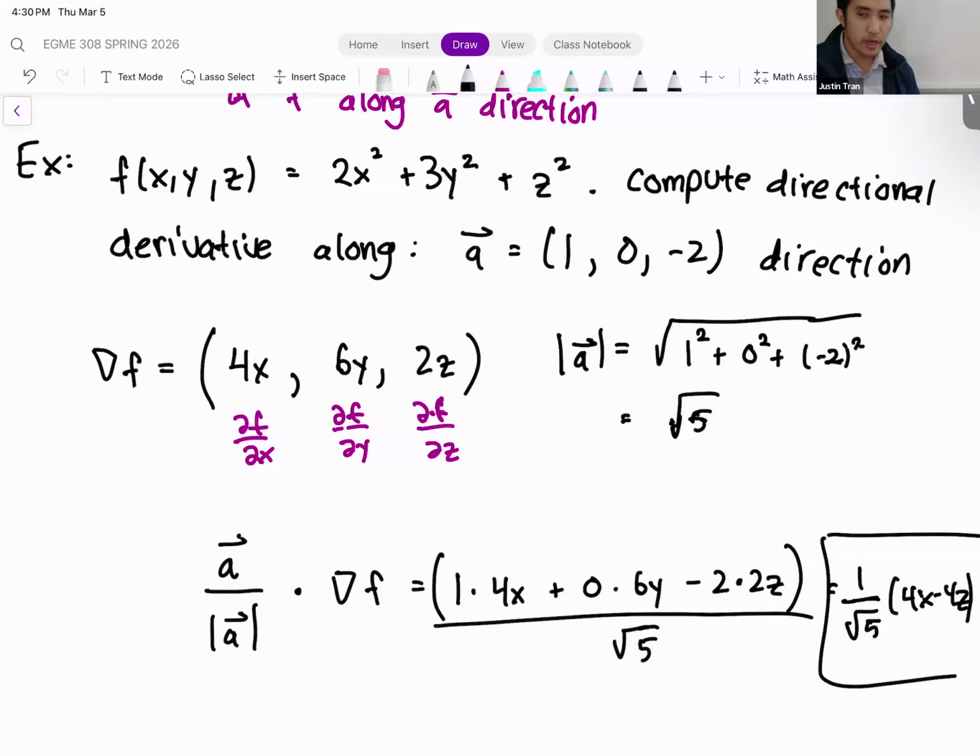All right, any questions on how we got that result there? Okay, so one thing you should see from this is that our directional derivative, and in fact our gradient as well, change. The derivative here is not a constant.